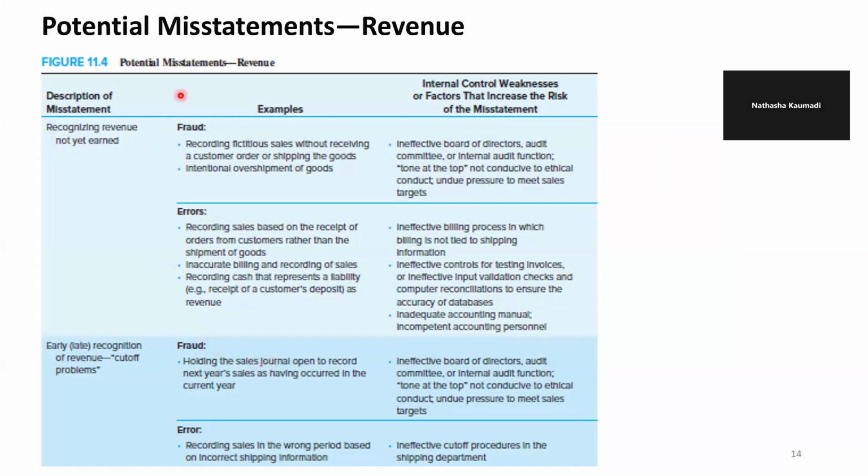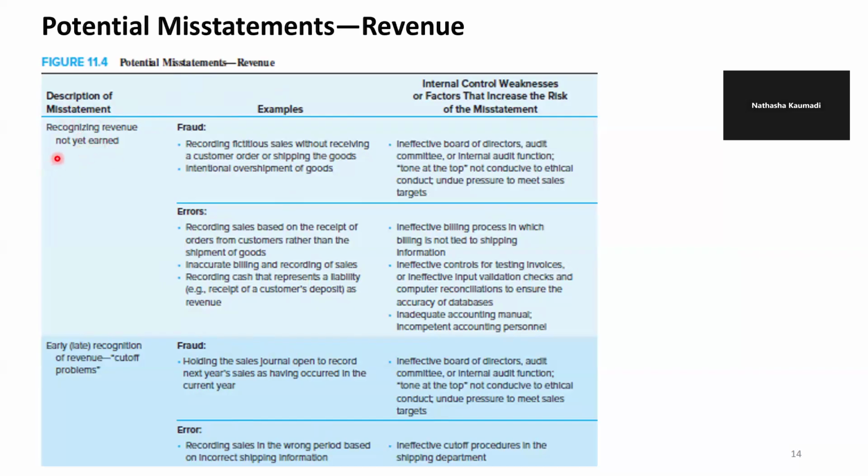So here we have mentioned, actually the original documents are already uploaded to LMS. Potential misstatements. What are the potential misstatements you can find when it comes to revenue? I'm not going to read all these things, but we'll take a few. Description of the misstatement. What is the first one?